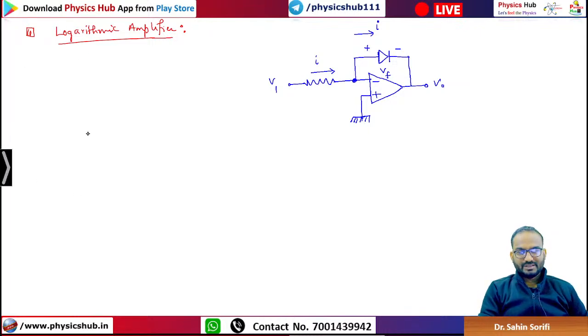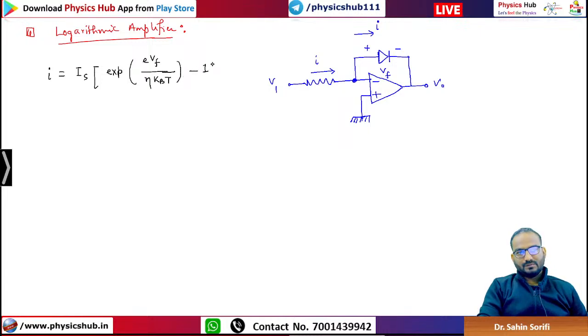Now how are we getting it in a logarithm? What is I? Current I flowing through this resistor, sorry, diode. I is equal to Is exponential e Vf divided by eta kt, minus 1.